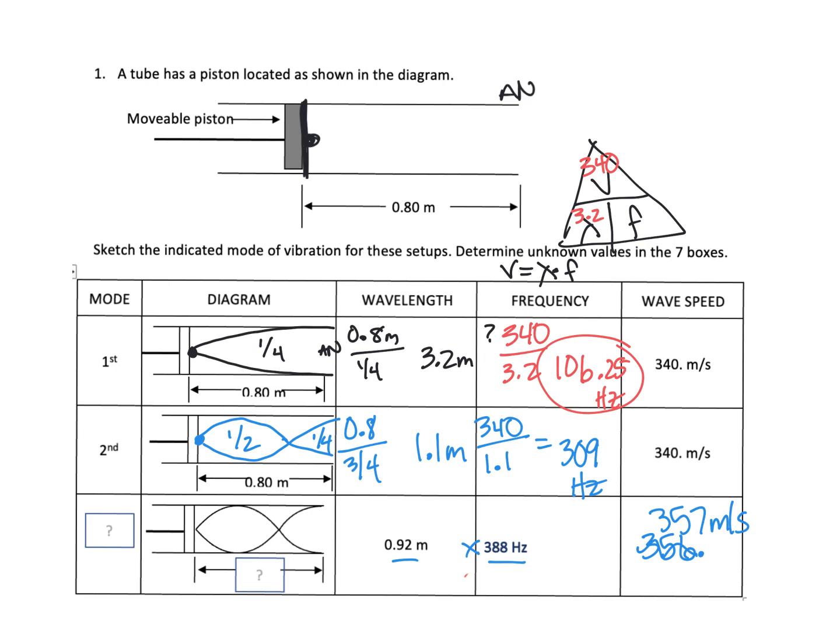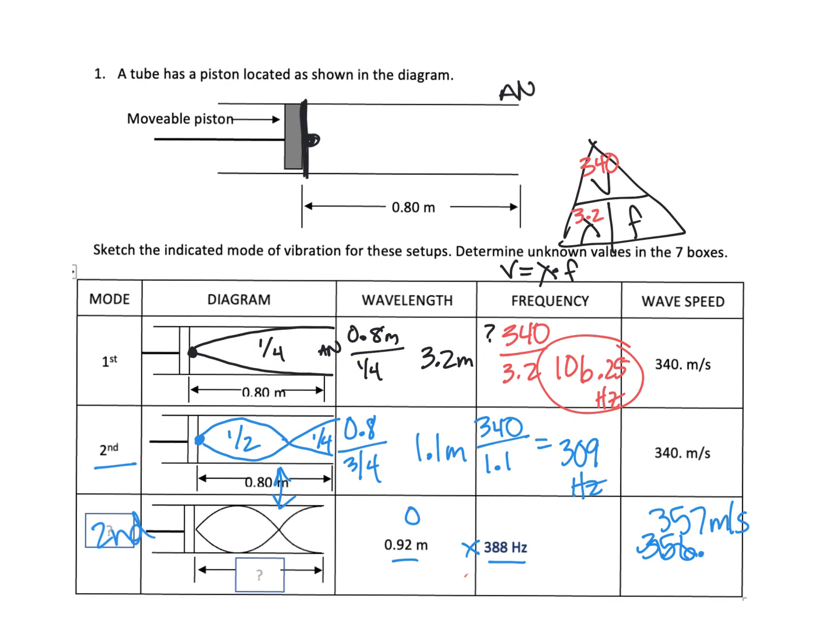So now I know the speed, and now I need to figure out how long this tube is right here. Oh, by the way, this is the second mode, because notice these two patterns here are the same pattern. So this is also the second mode, or the second harmonic. Now I need to figure out how long this tube is. Let me erase my marks here. To do that, we could go back and do that equation, but backwards.